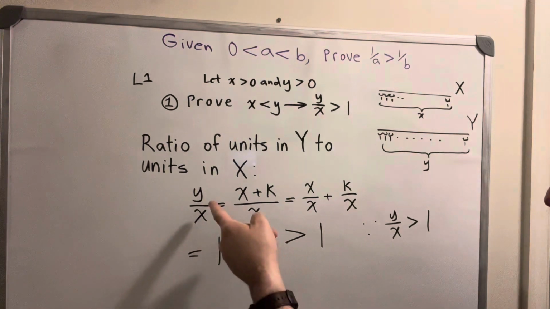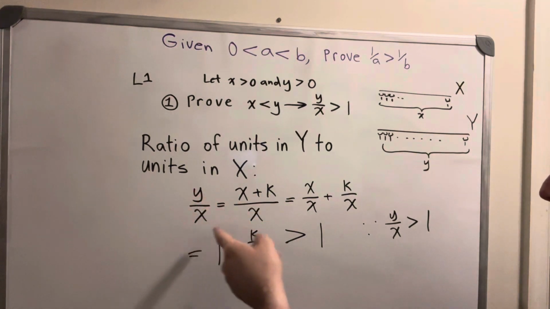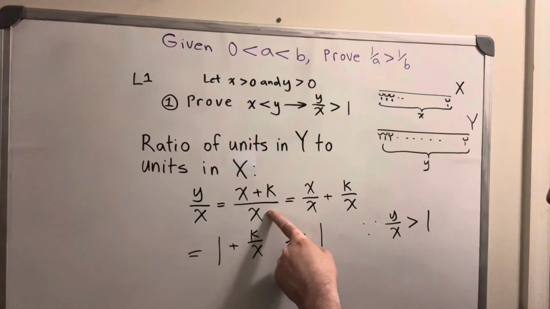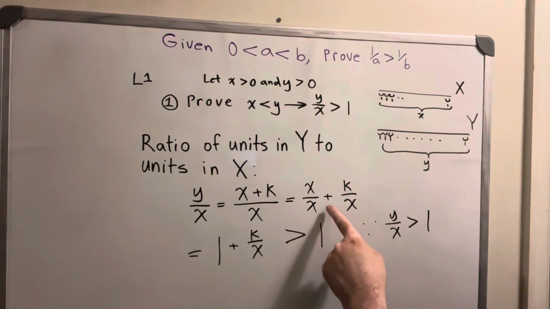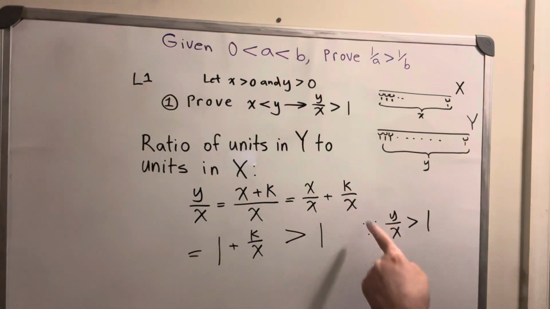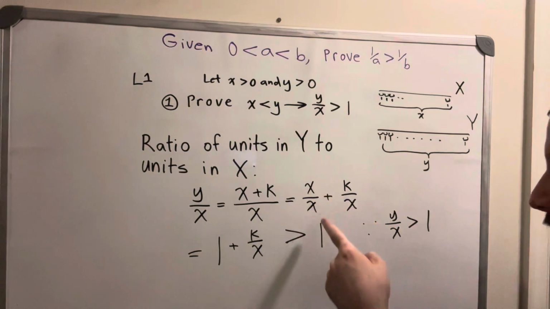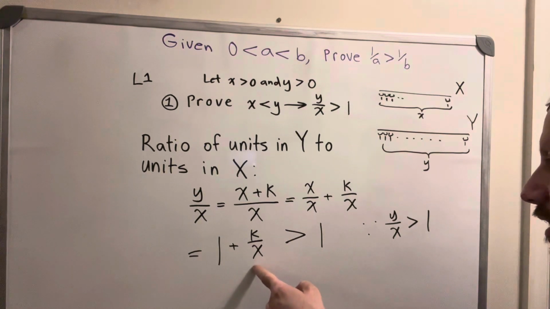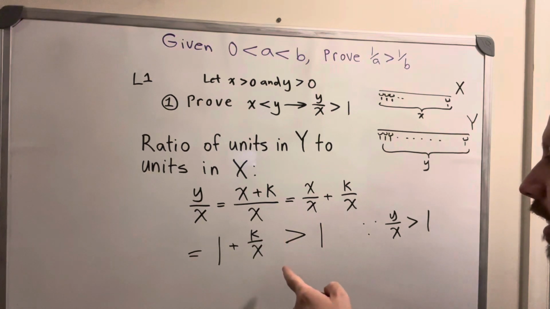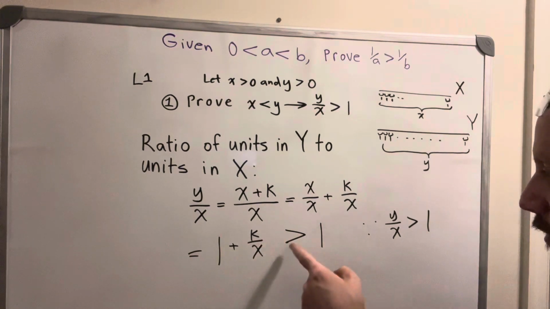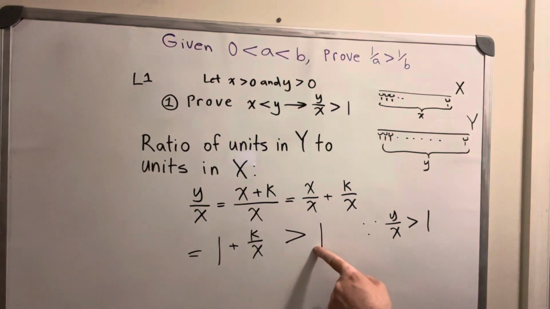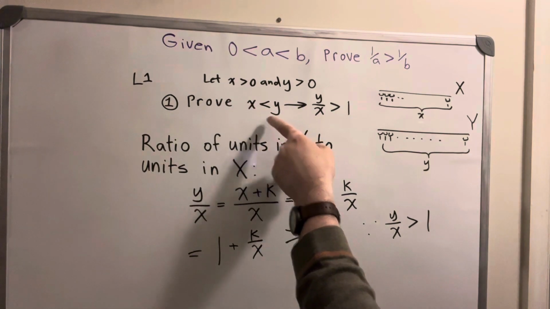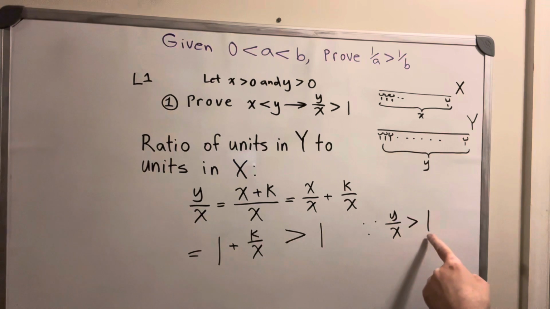And since y equals x plus k, we can say that y over x is equal to x plus k over x. And this fraction can be rewritten as x over x plus k over x for some positive value k. x over x is equal to 1. So that means it's equal to 1 plus k over x. And since k is some positive value and x is a positive value, we can say that this is greater than 1. So we have proven that given that x is less than y, then y over x is greater than 1.